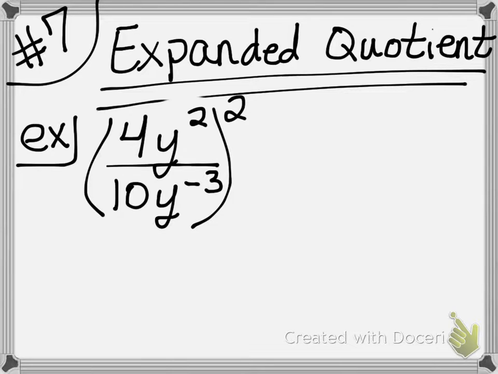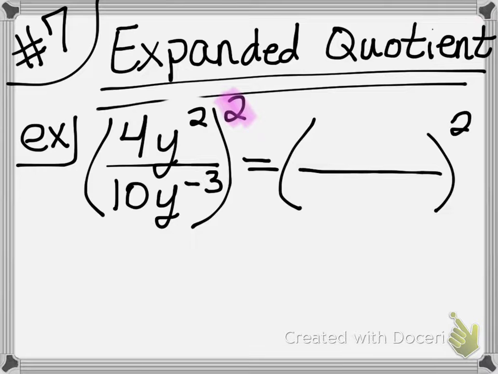The expanded quotient rule means that everything in the parentheses is going to get that squared exponent. I think the easiest way is to first simplify everything in parentheses first. Don't even worry about that 2 that I just highlighted. So my next step, I'm just going to leave the parentheses and the squared and worry about stuff in between.